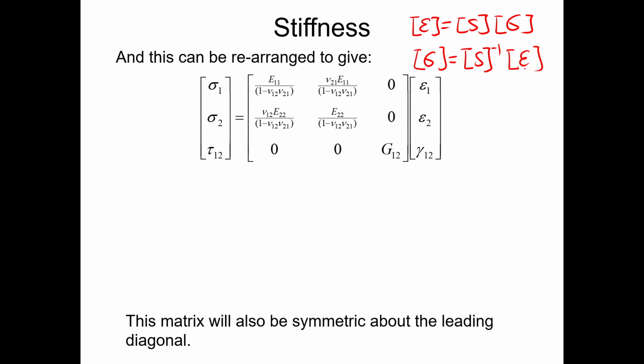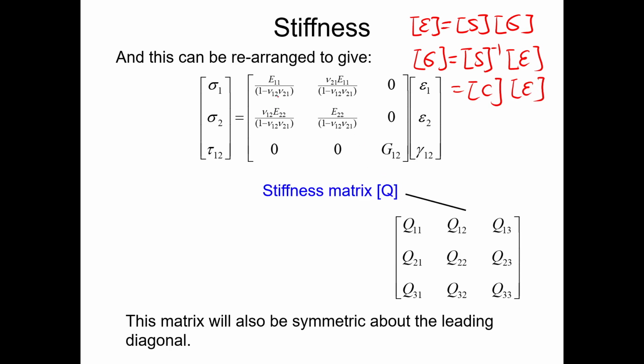This is a more typical equation we are looking at: stress is equal to the stiffness times the strain. The stiffness matrix is equal to the term shown here. We use Q here, Q11, Q12, etc.